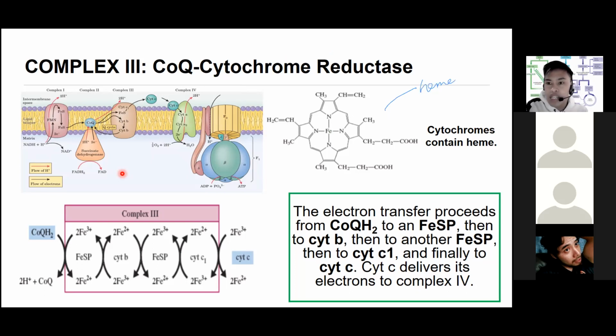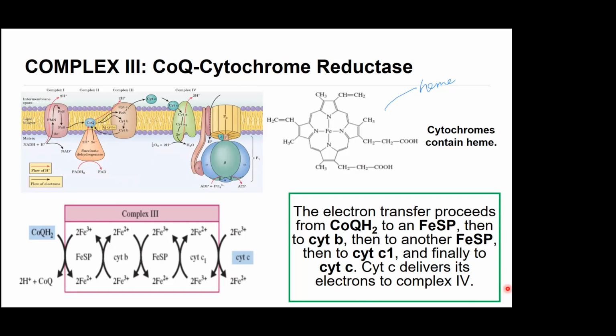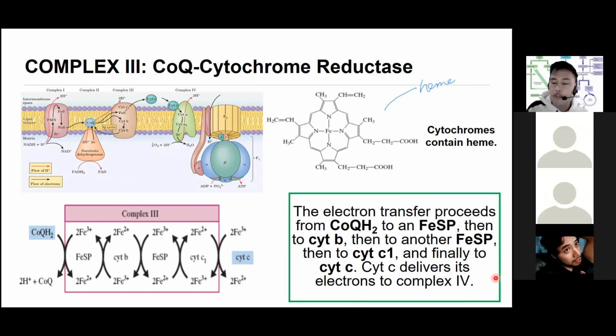So what is a heme? Where did we first encounter the heme? We first encountered it in the chemistry of hemoglobin. Am I right? When we studied hemoglobin, the heme is actually the prosthetic group of your hemoglobin. So your complex 3, which contains cytochrome, also contains a heme. Do you follow?